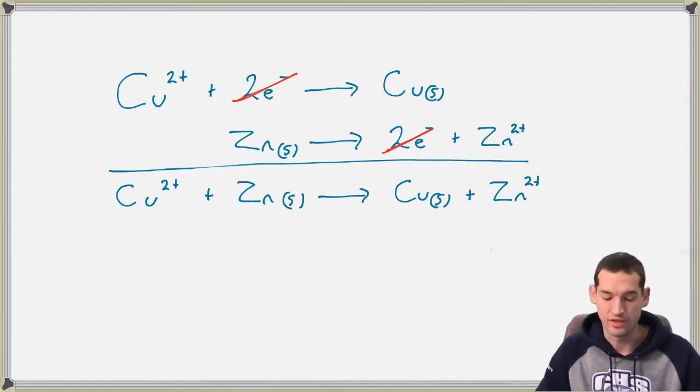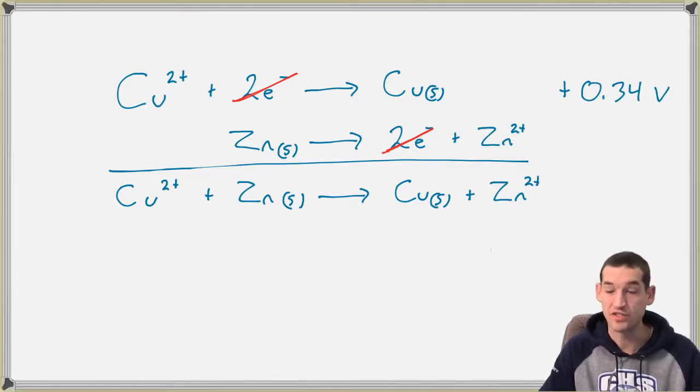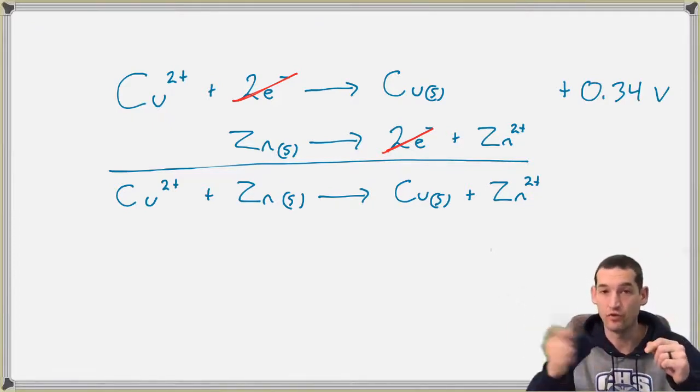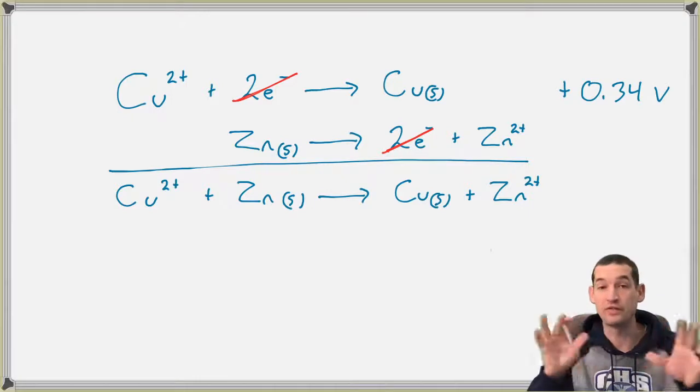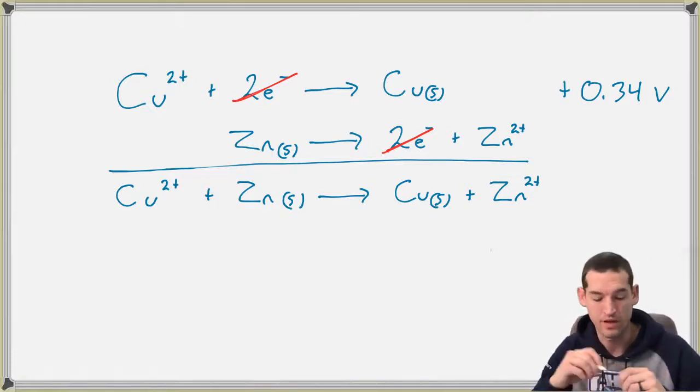You can pause the video if you need to. Its potential is a positive 0.34 volts. Okay? And since we wrote the copper reaction forwards, we leave that voltage alone. We're just going to copy it down exactly how it is in the data booklet, whether it's positive or negative, we're just leaving it alone.